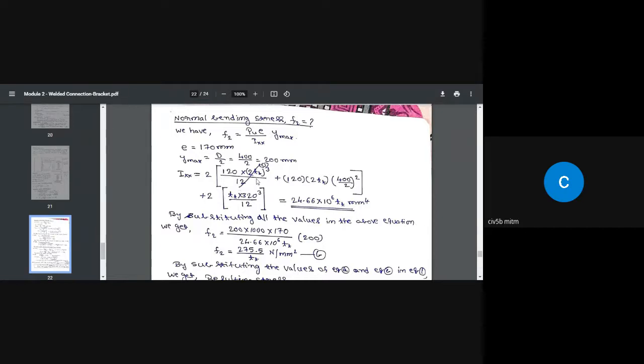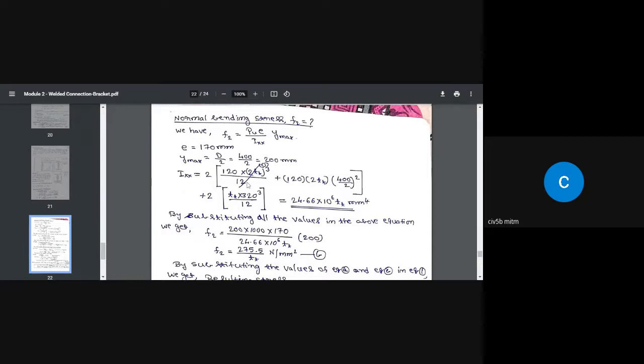Here we ignore it because otherwise the final equation will be in terms of TT cube, so you will have a cubic equation to solve. Finally, you will end up with the same value as you would have got by ignoring it.